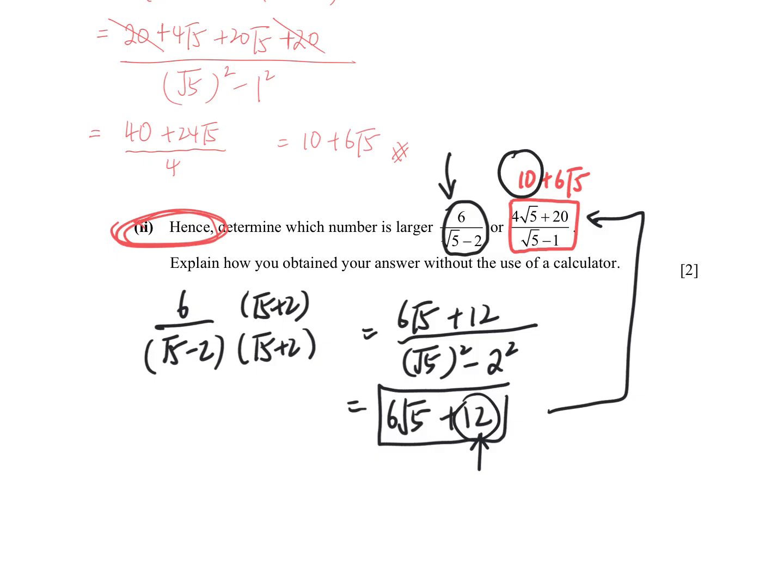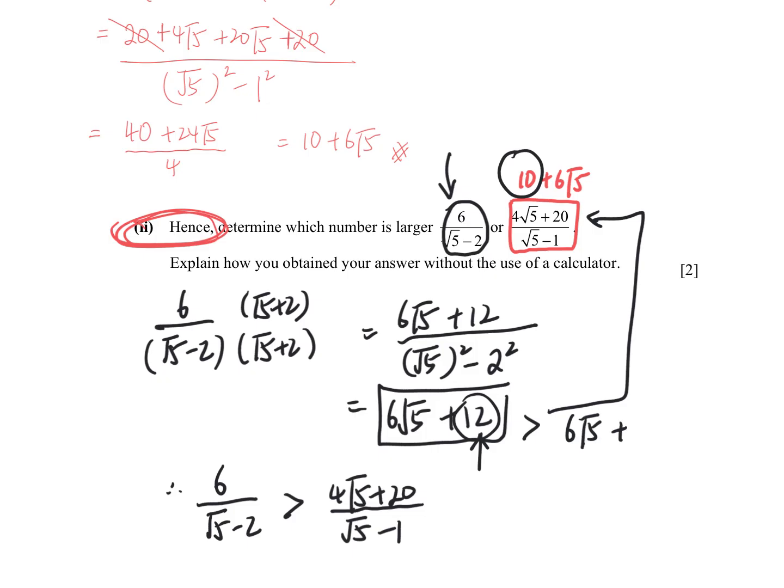Therefore 6 root 5 minus 2 is greater than this. If you want, you can add in here that this thing is bigger than this. So the conclusion is this thing.